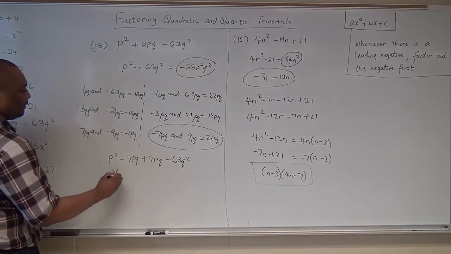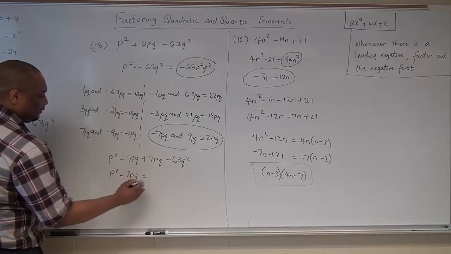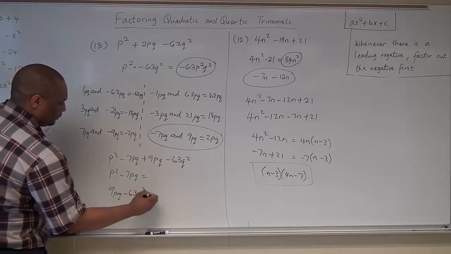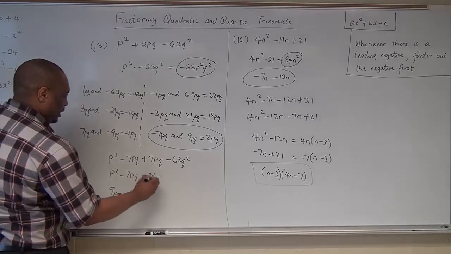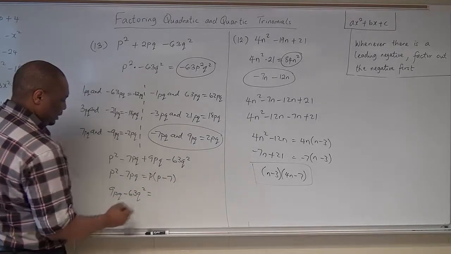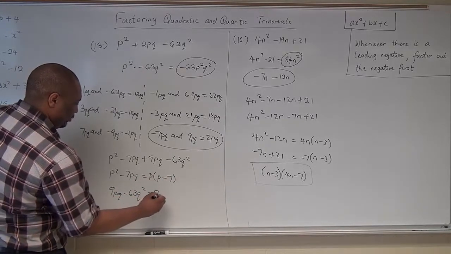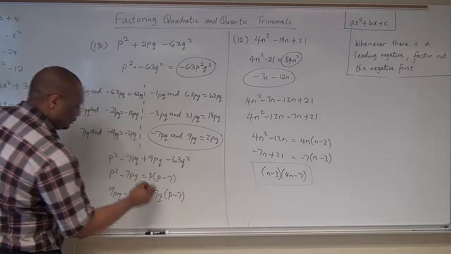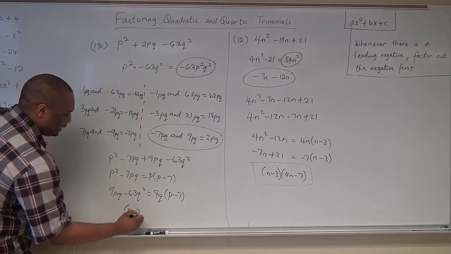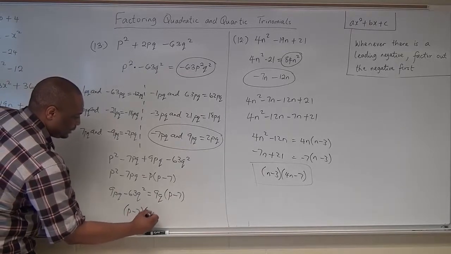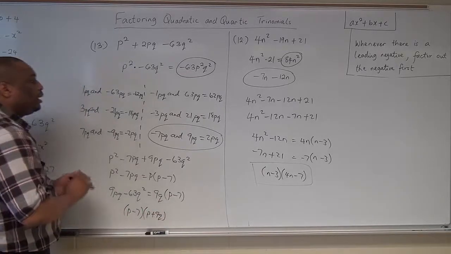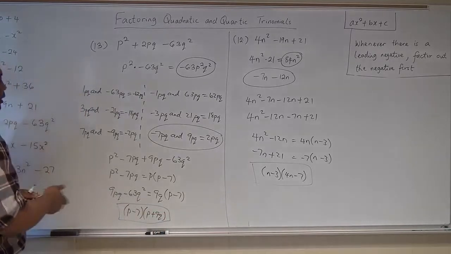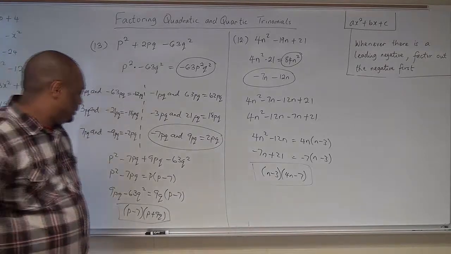So we factor by grouping and then by GCF, 9pq minus 63q squared. p is common here, p minus 7, and then 9q is common here, p minus 7. So we have p minus 7 times p plus 9q. And this becomes our answer.